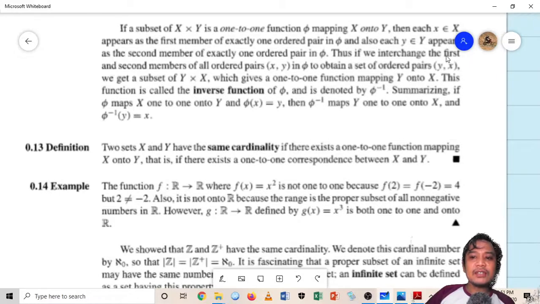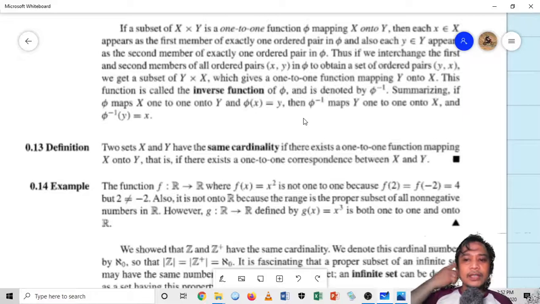Thus, if we interchange the first and the second members of all ordered pairs (x, y) in phi to obtain a set of ordered pairs (y, x), we get a subset of the cross product Y cross X, which would also give a one-to-one function pairing Y onto X. So we would call that the inverse function of phi. We denote that by phi inverse. The superscript -1 here is not an exponent but a symbol for the inverse of the function.